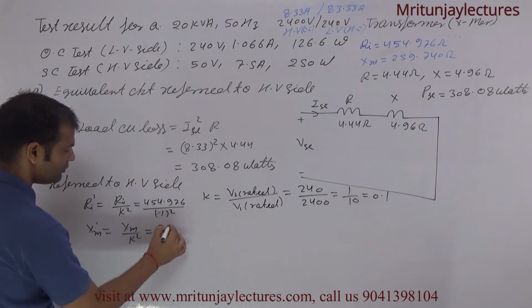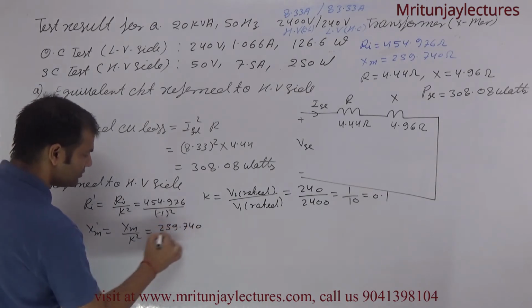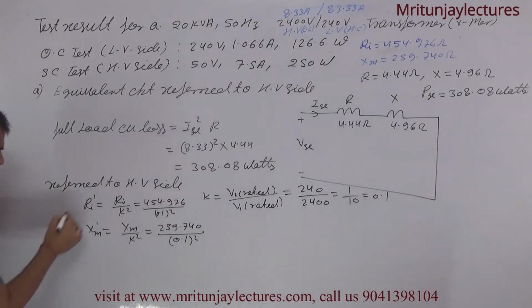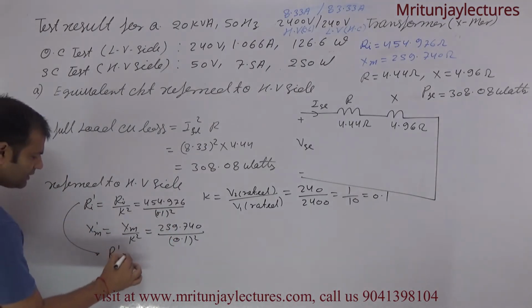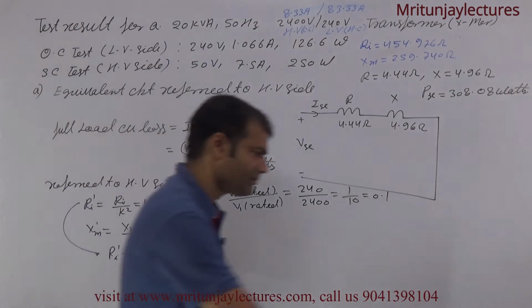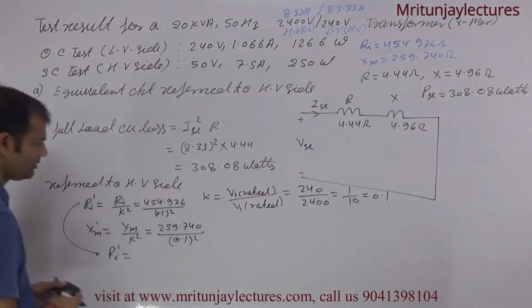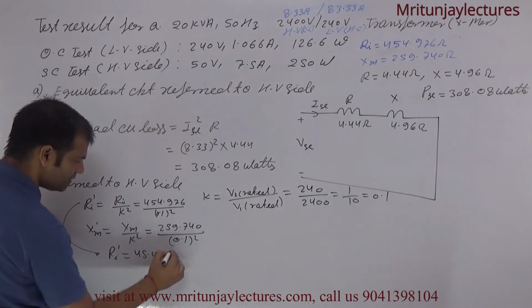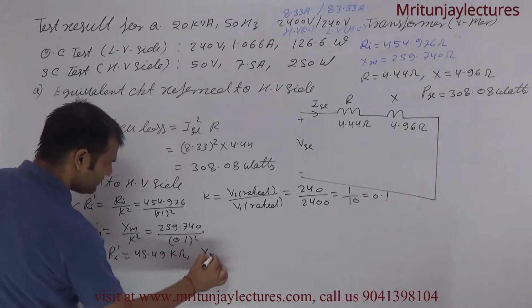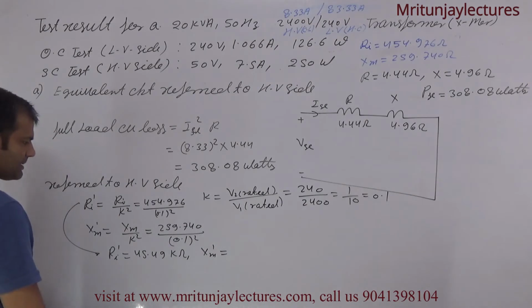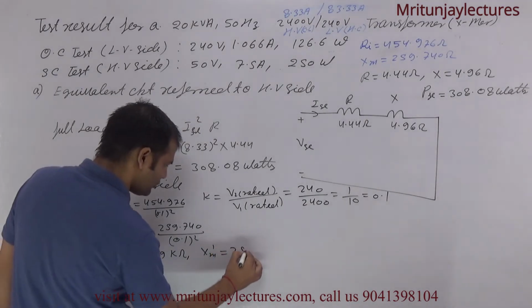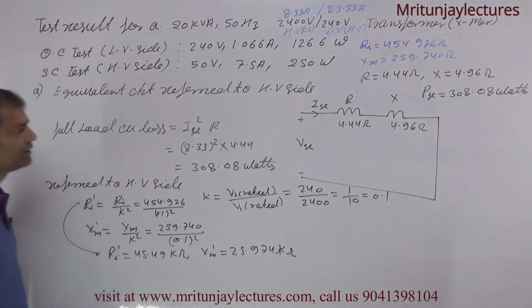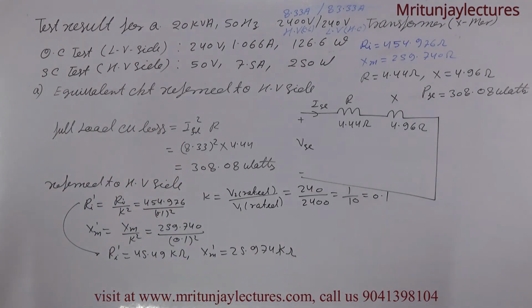Xm is 259.740 divided by 0.1 to the whole square. Now, Ri dash is equal to 45.49 kilo ohm, and Xm dash is 25.974 kilo ohm. Okay, it is clear.